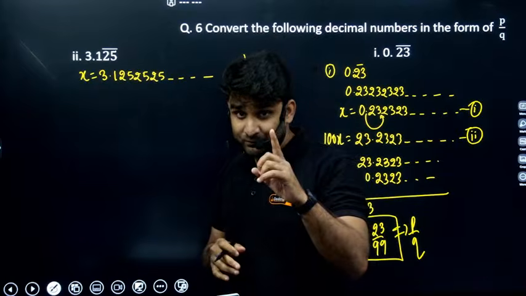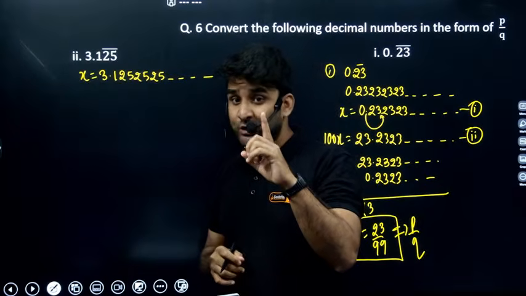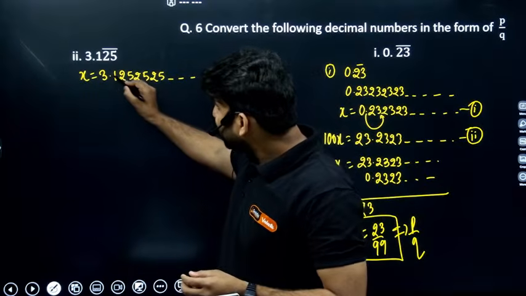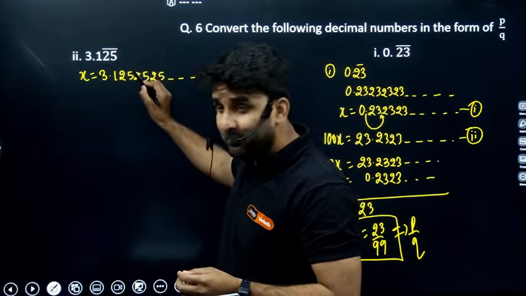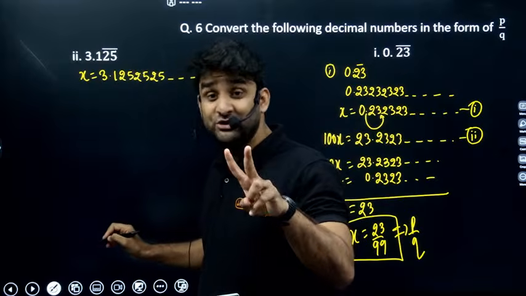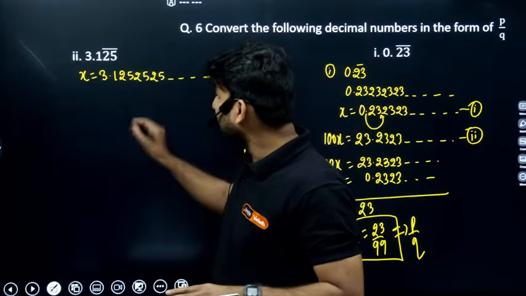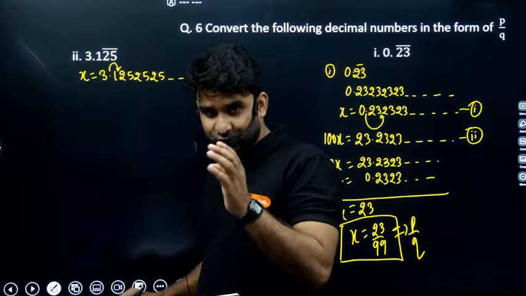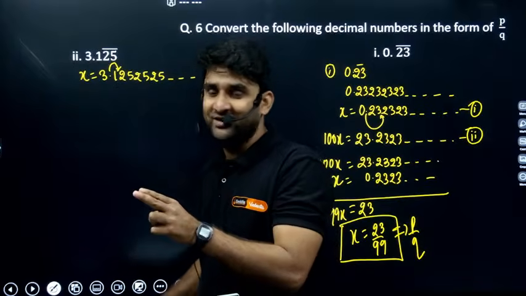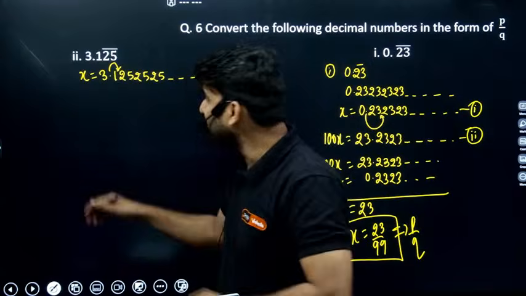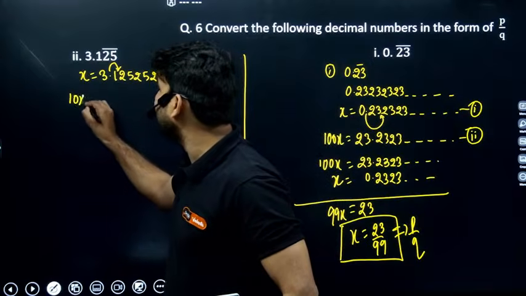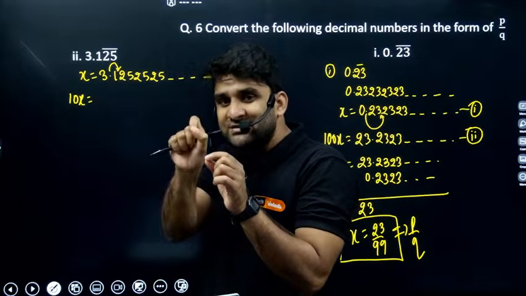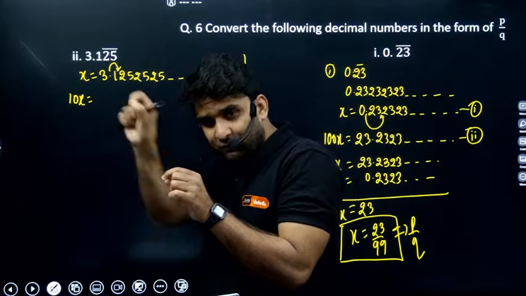My dear, what should be your target? Your target should be that this decimal should come behind the first block of repetition. But first we have to shift this decimal behind the 1, so we are shifting one position of decimal. To do that, we multiply with 10, because we are shifting the decimal by one digit place.